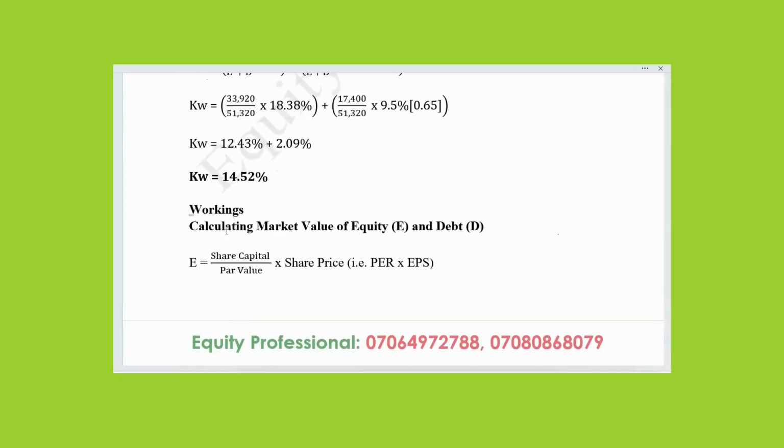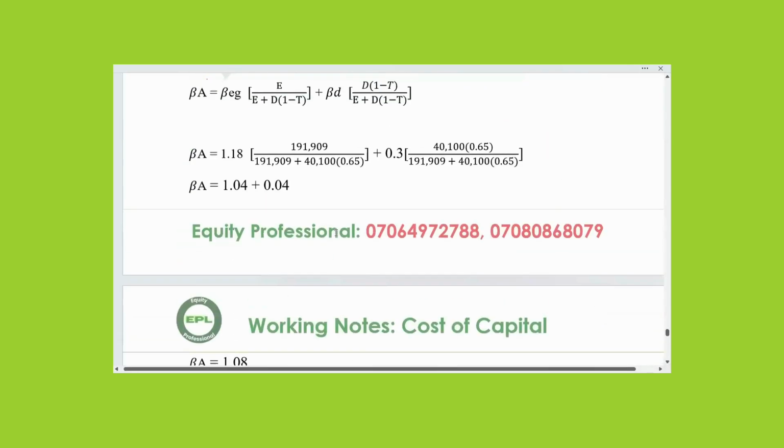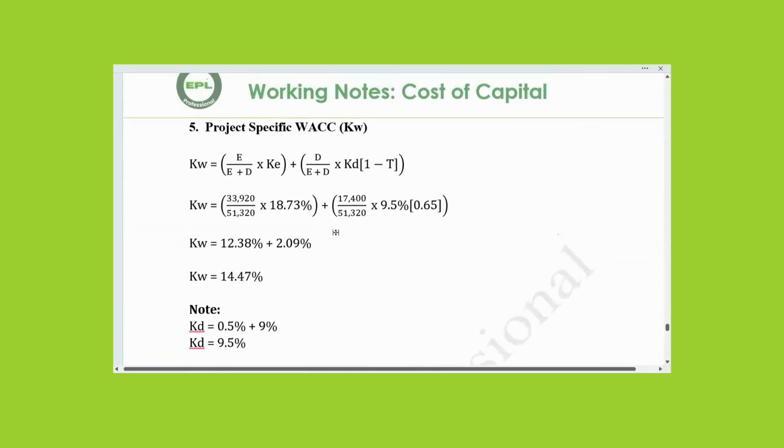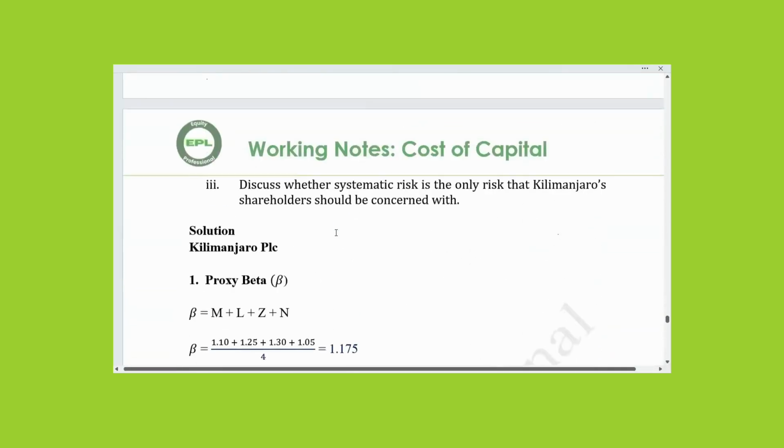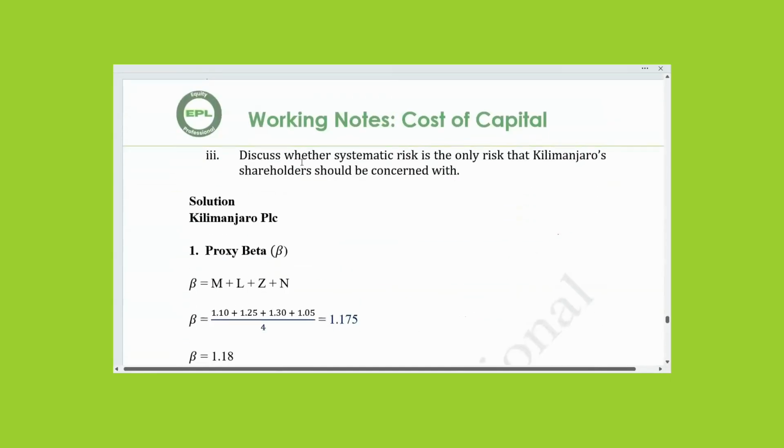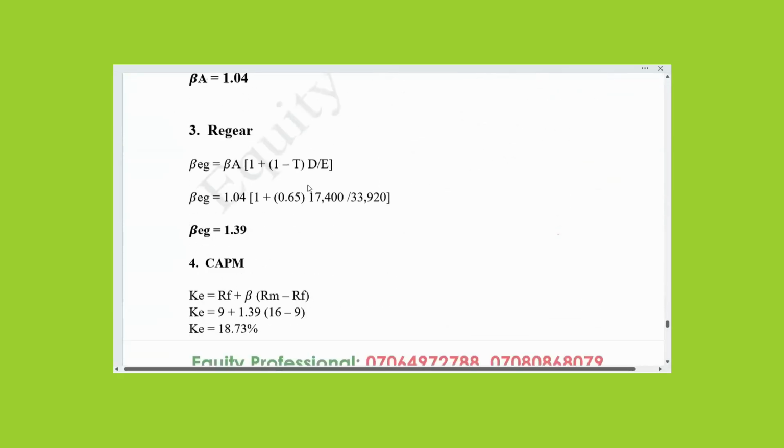Finally, in the question, in requirement 3, the examiner is asking you to discuss whether systematic risk is the only risk that Kilimanjaro shareholders should be concerned with. Let me just explain it; I don't need to write it down.